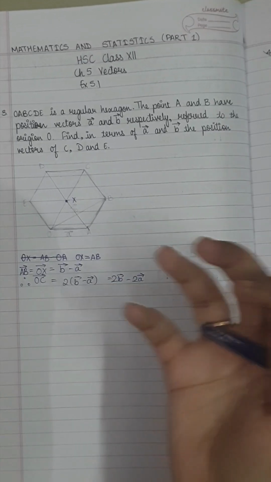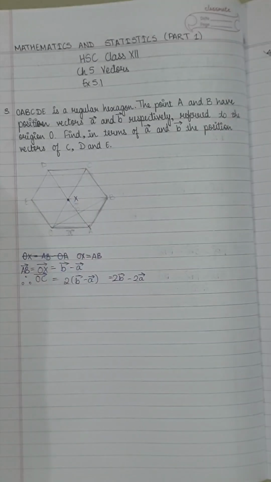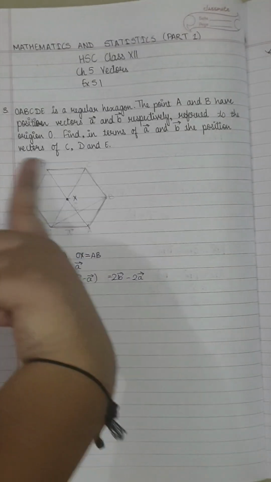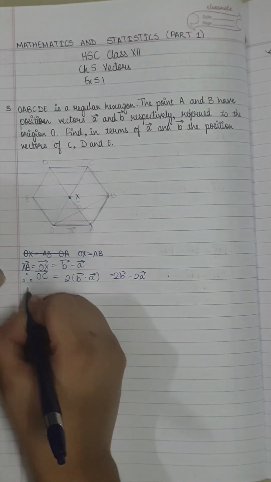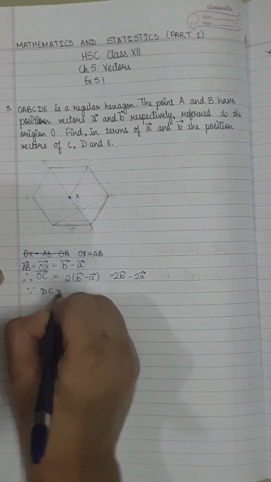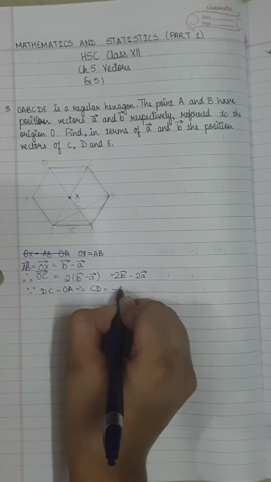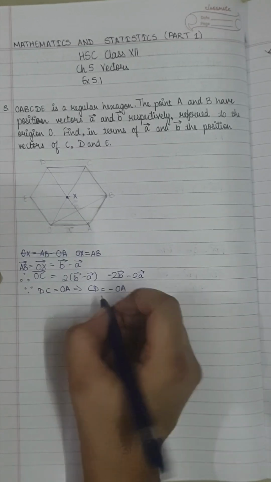Then you have to find for D. Now if you see, OD is basically OC vector plus CD vector. Since DC is equal to OA, it implies that CD is equal to minus OA, correct?